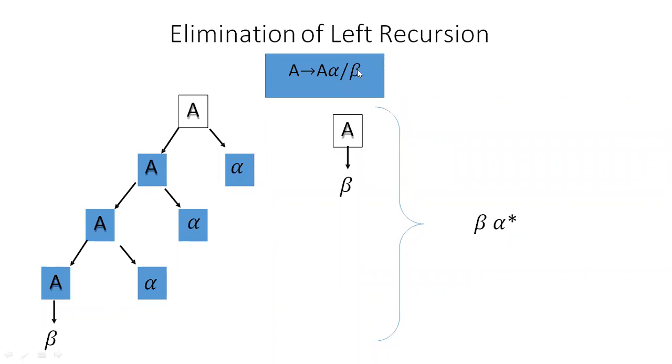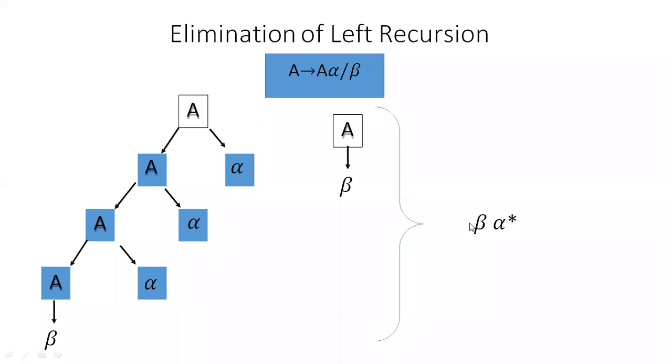From the grammar A tends to A alpha or beta, to derive an input string like this, the input sentence we get is beta alpha star. Star is the Kleene closure, meaning zero or more occurrences of alpha. So we are defining it with alpha star.